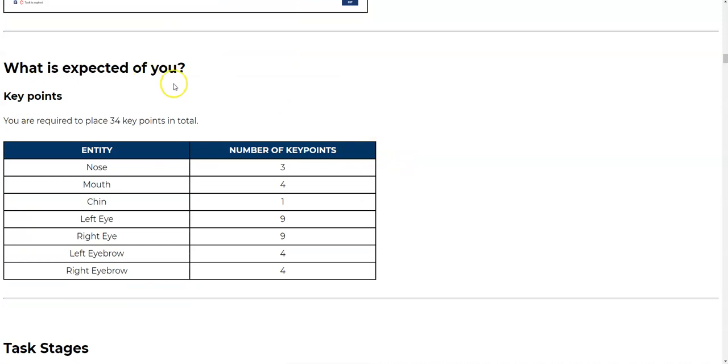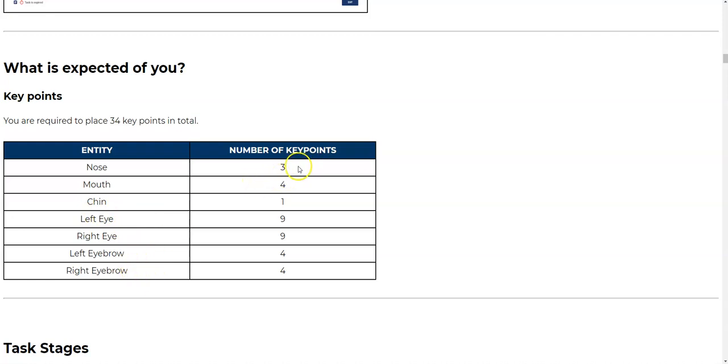What is expected of you? You are required to place 34 key points in total, according to the requirement. The entities are nose, mouth, chin, left eye, right eye, left eyebrow, and right eyebrow.